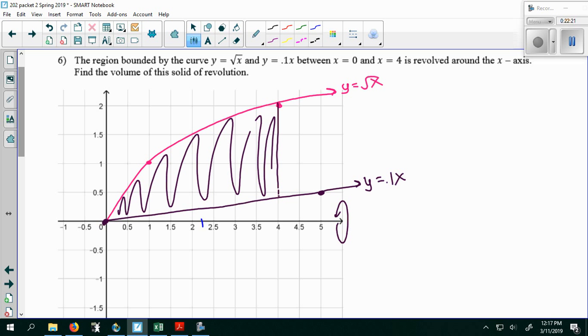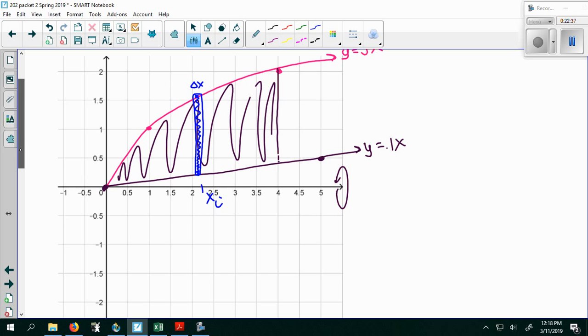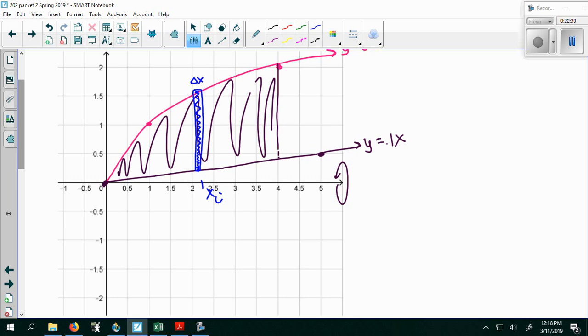Pick this one right here. We'll call this x sub i. And I'm going to draw a rectangle at x sub i. It has a little bit of thickness, delta x. And I'm going to sweep that rectangle around the x-axis, and it's going to sweep out a washer.